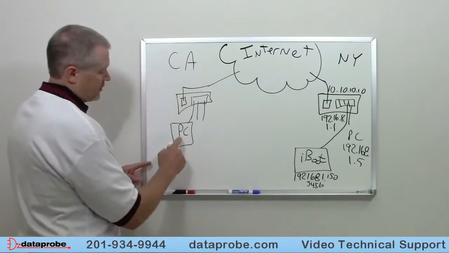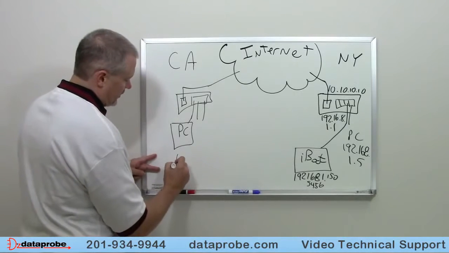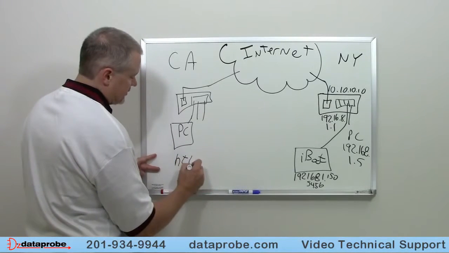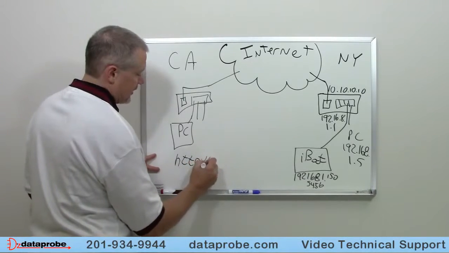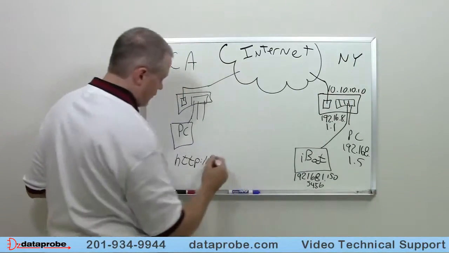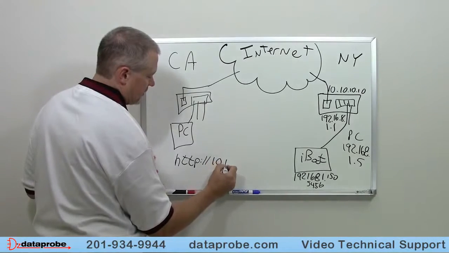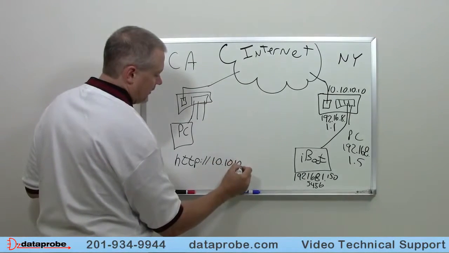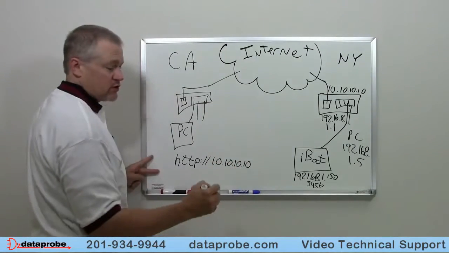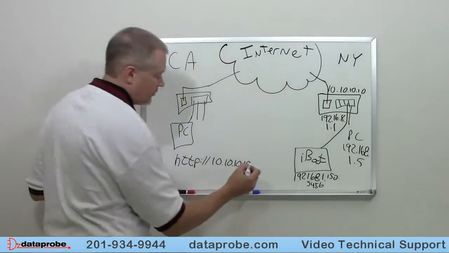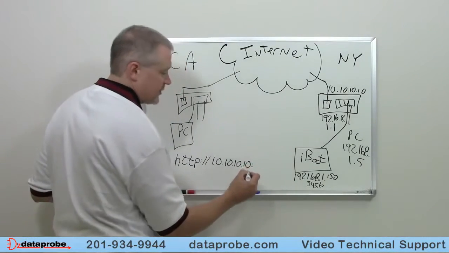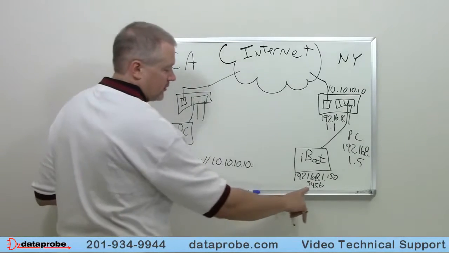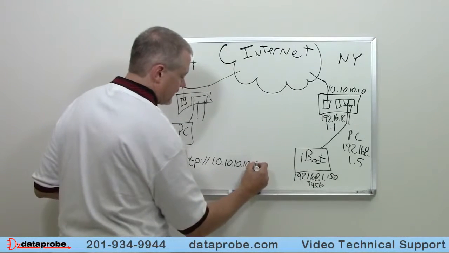In our web browser on our PC in California, we would type in the address http:// the public IP for New York, which in this case is 10.10.10.10, and because we have a non-standard web port, we're going to put a colon after the 10 and specify the port that we programmed, which is 5456.